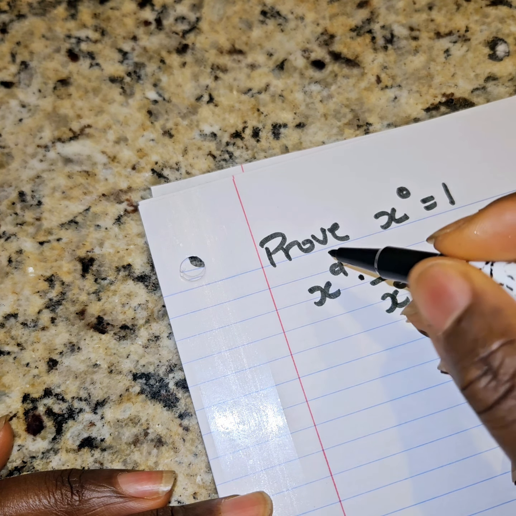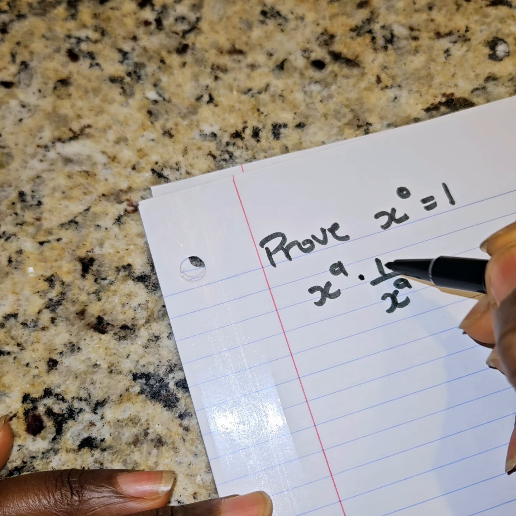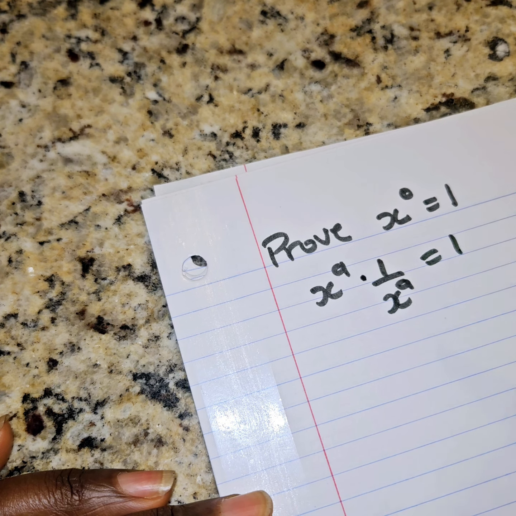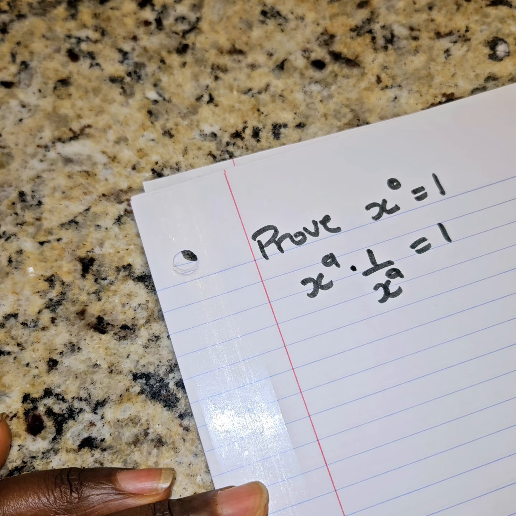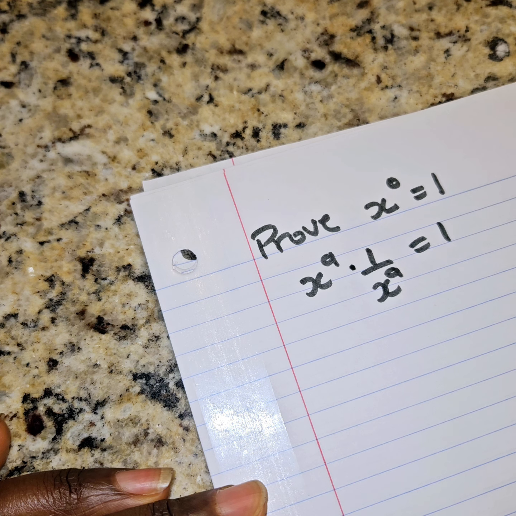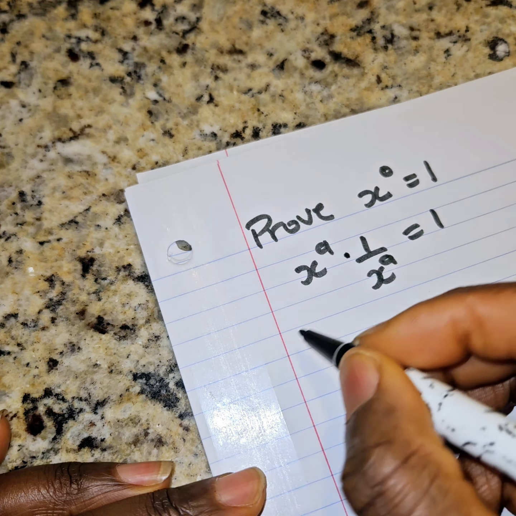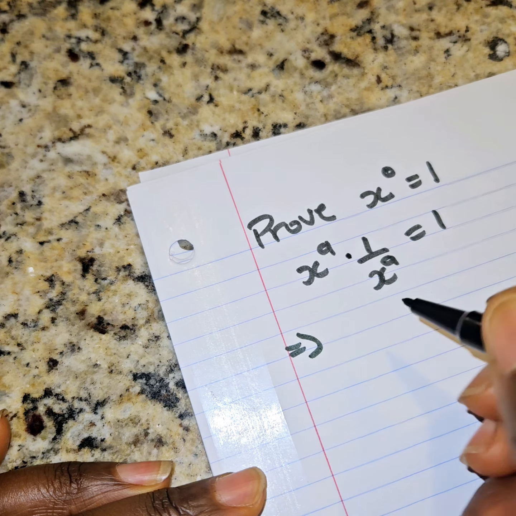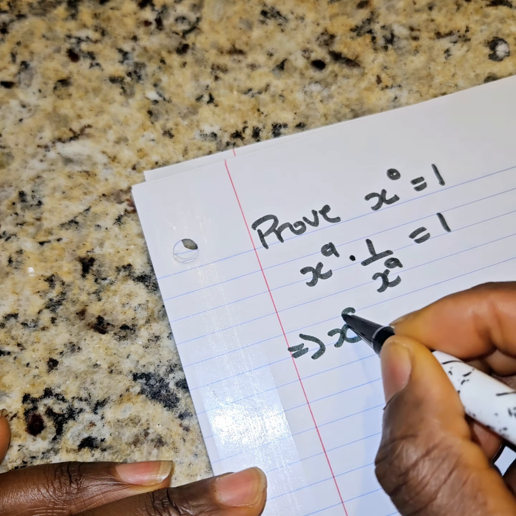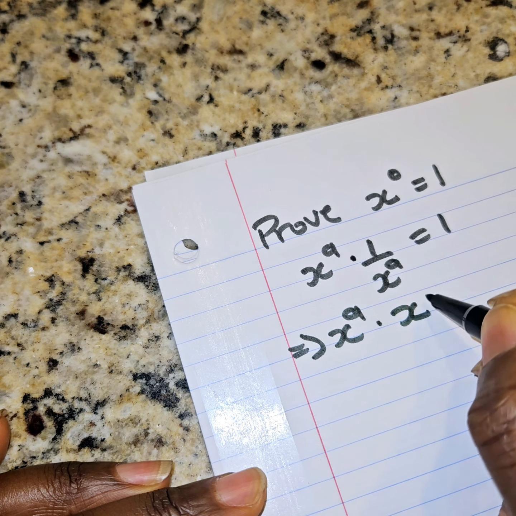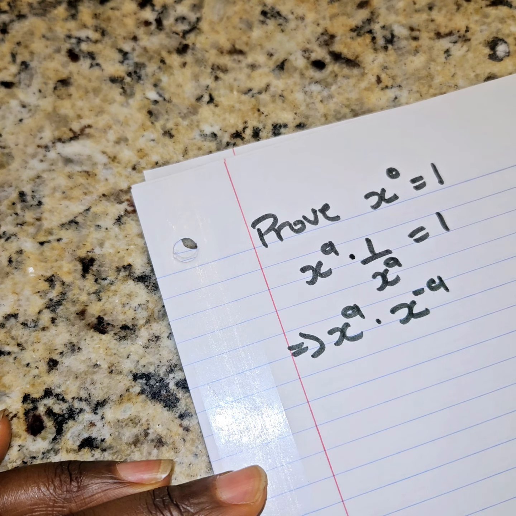So if I multiply x to the a times 1 over x to the a, it's going to give me 1. You can agree with me. Now I can rewrite this as x to the a times x to the minus a.